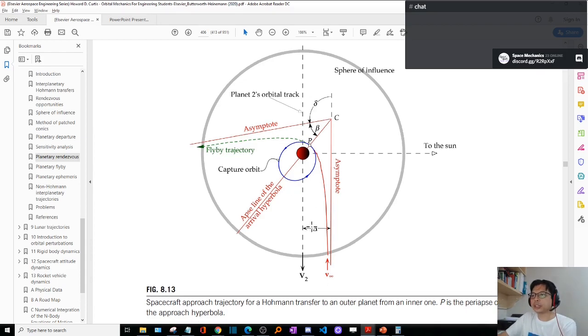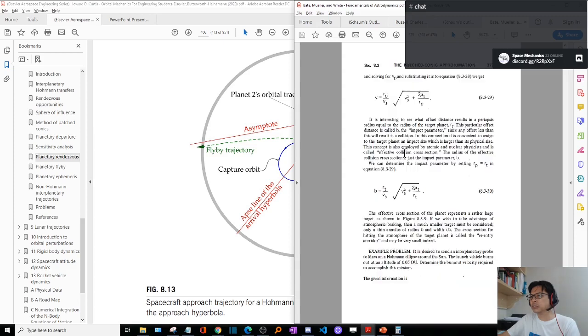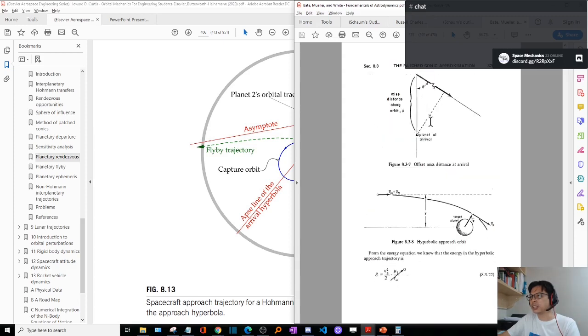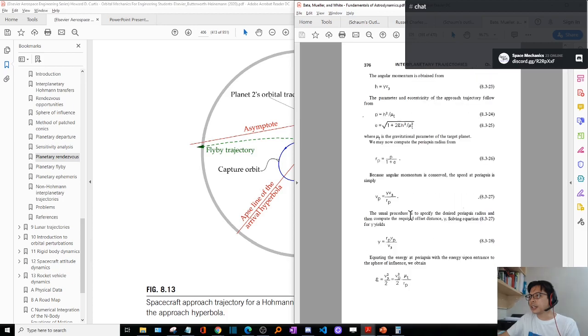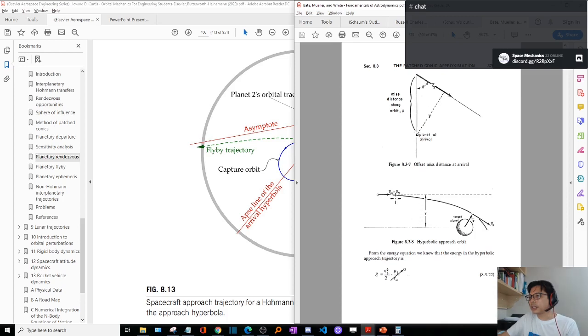I'm trying to use the same nomenclature here, because Battin, White, and Mueller use different nomenclature. I think they use Y to represent delta, the miss distance. Sorry. In Fundamentals of Astrodynamics by Bate, Mueller, and White, it doesn't show the planet's velocity vector.